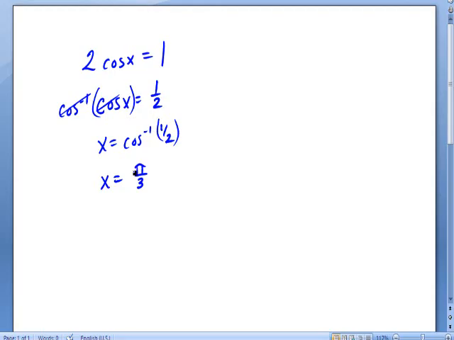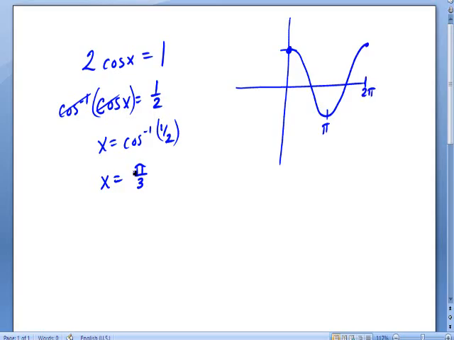And then we still want to go back and check to make sure there's not another solution out there somewhere. If we think about the cosine graph, it starts at a height of 1 and then decreases down to pi, and then it increases back until it reaches its peak at 2 pi. If we're looking for the cosine of x equal to 1/2, if we go pi over 3, we get to one solution, so that means we have to go backwards pi over 3 from 2 pi to get the other solution.